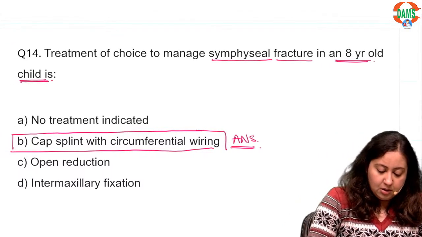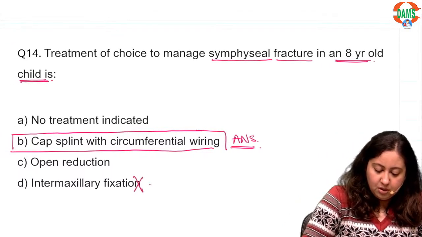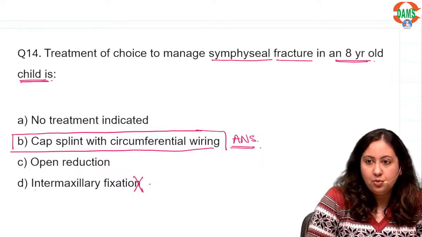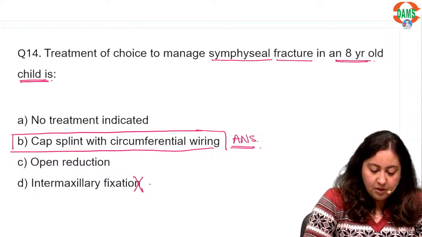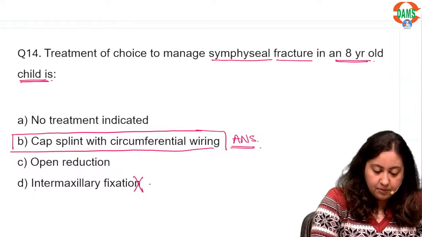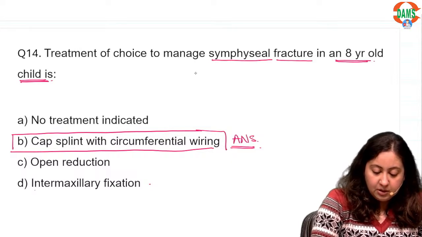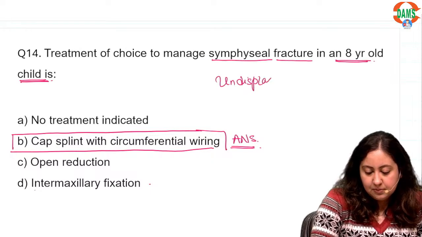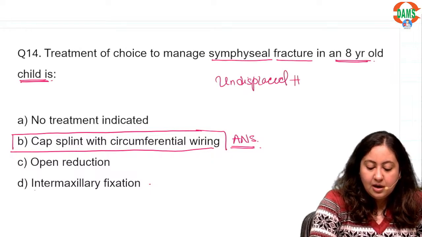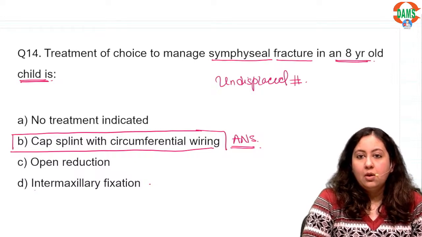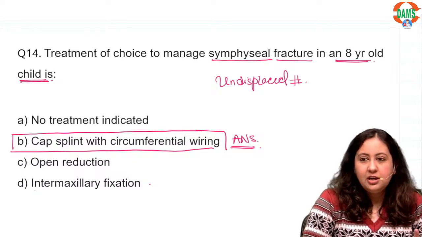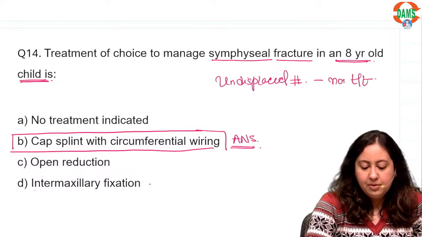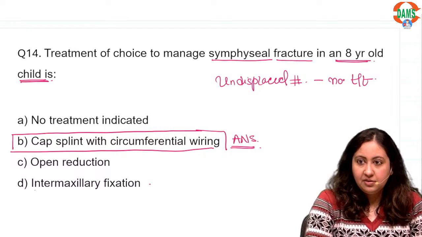Now, you do not do IMF with arch bars for a child. Usually you do not do it, but if the need arises, you can do it. Now, had the question said undisplaced fracture, or no grossly deranged occlusion, in that case, yes, no treatment can be your answer. Fine.